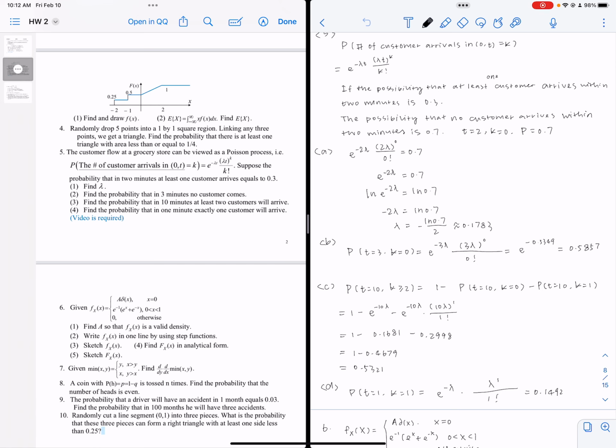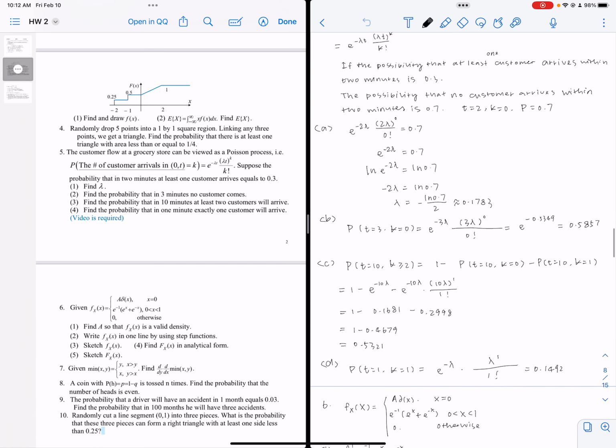All right, and the next little question, find the probability that in 3 minutes no customer comes. And this is pretty easy. This is basically asking us to use the formula after we found out about lambda. And 3 minutes, so t equals 3, and no customer, k equals 0.